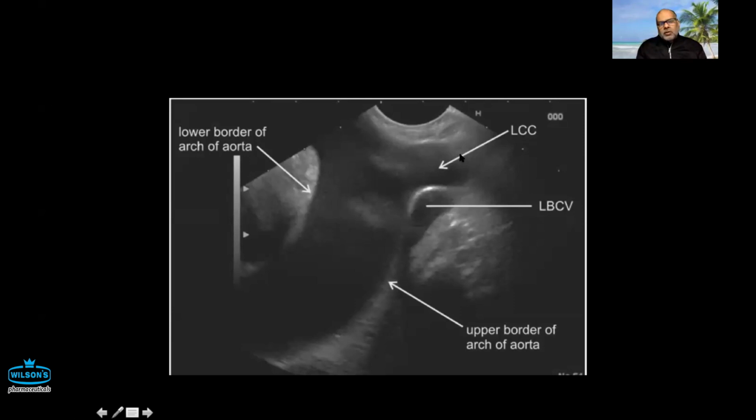If you rotate anti-clockwise, the scope is going to move left inferiorly, and you see the subclavian. The left brachiocephalic vein is again anterior to it, and this is the lower border of the arch of the aorta, and this is the upper border of the arch of the aorta.